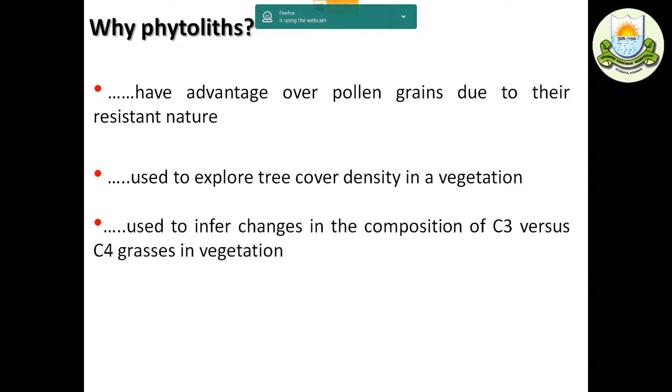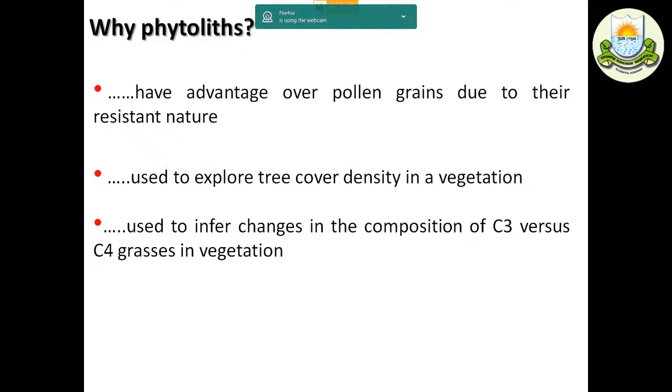They also have an advantage over pollen grains. With pollen grains we can identify whether it was a forested environment or dominated by grass, whether grasslands were there or not. But pollen grains cannot identify if the grasslands were dominated by C3 or C4 grasses, because grass pollens are very similar in appearance.